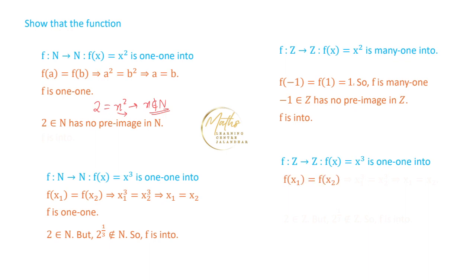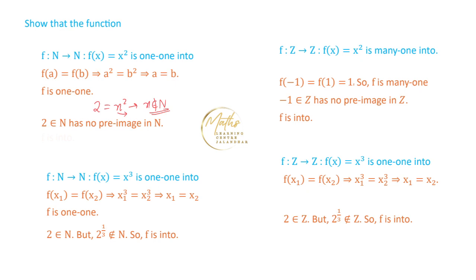This implies x1 cube is equal to x2 cube, and this implies x1 is equal to x2. For the into part, we can give the same proof. 2 belongs to Z, but 2 raised to the power 1/3 does not belong to Z. So clearly f is an into function. So we have proved that this function is a 1-1 function but not an onto function.